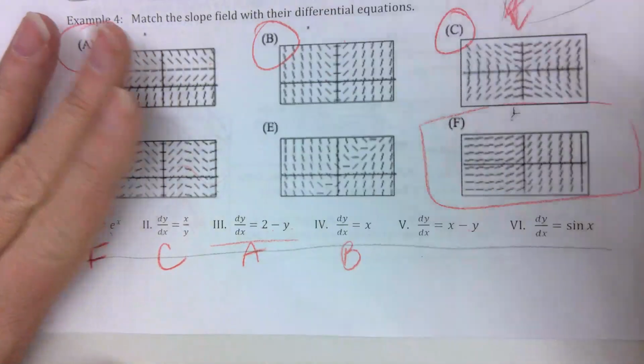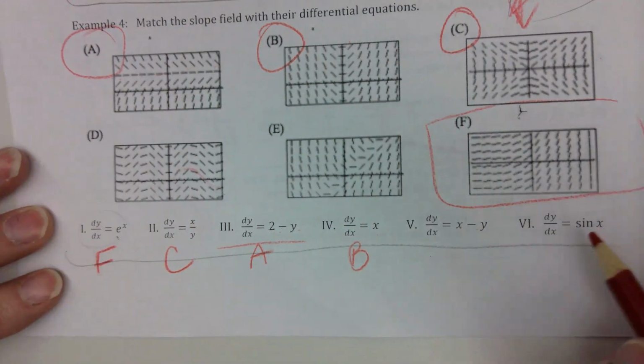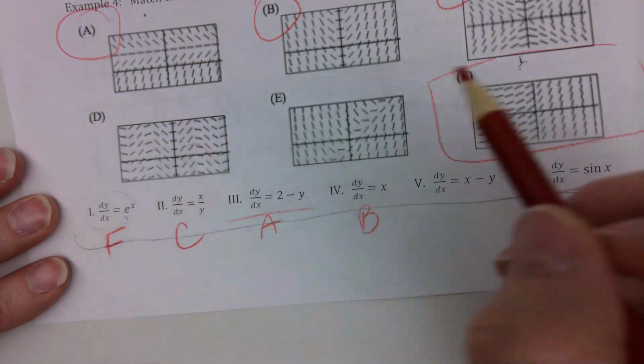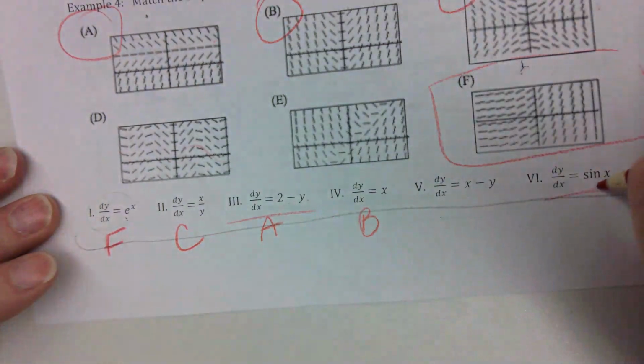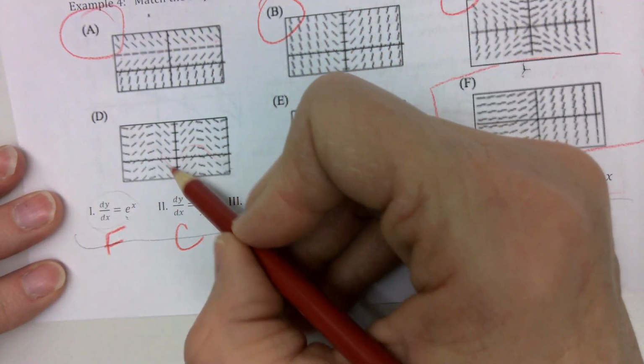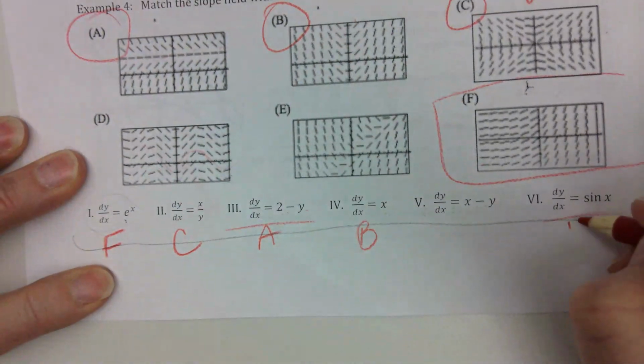Yeah, because the other one's weird. I'm feeling like the solution to a sine curve is a negative cosine, isn't it? So D has got to be VI, doesn't it?